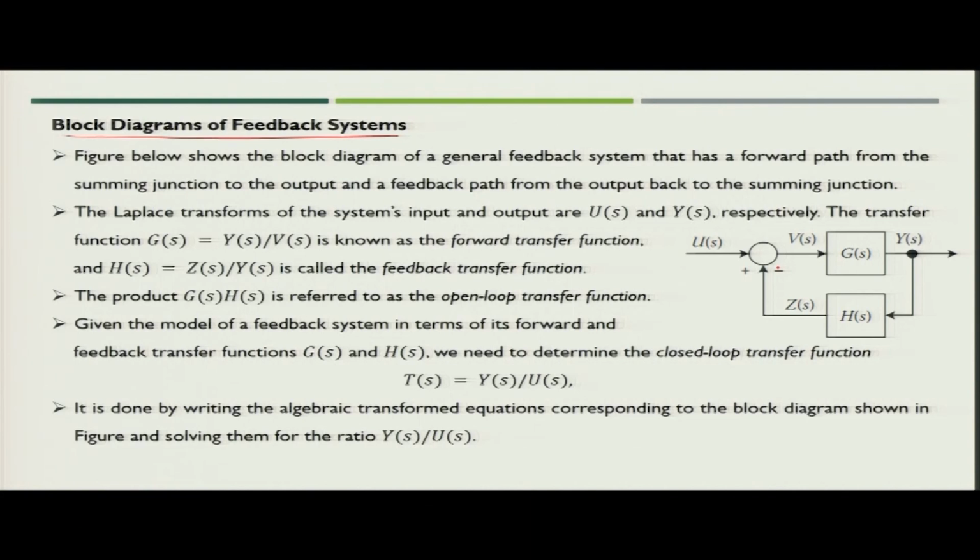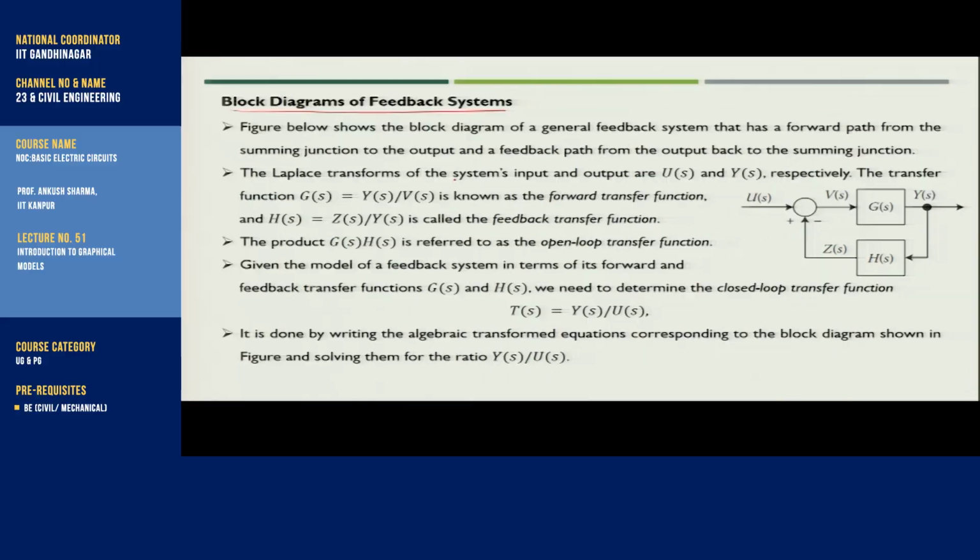So, we will see what are the various components we have in this particular block diagram. So, Laplace transform for the system's input and output are U(s) and Y(s). The transfer function G(s) you can find out as Y(s) upon V(s), which is called the forward transfer function.